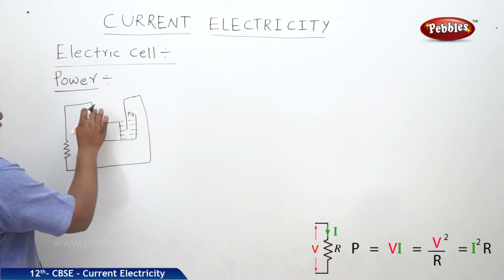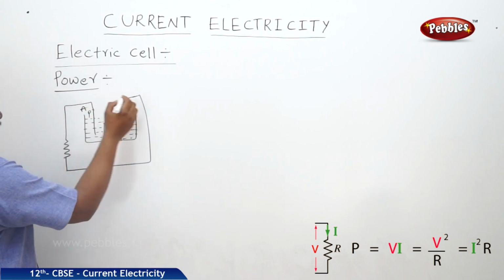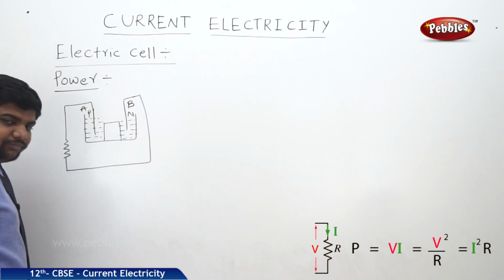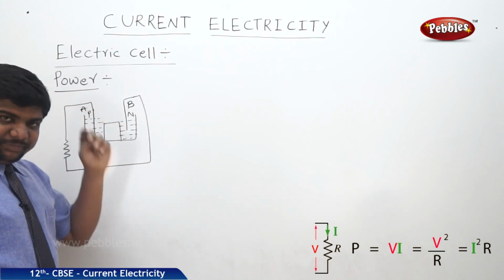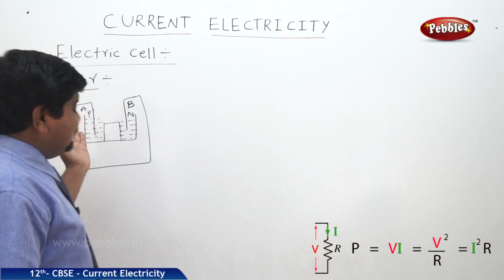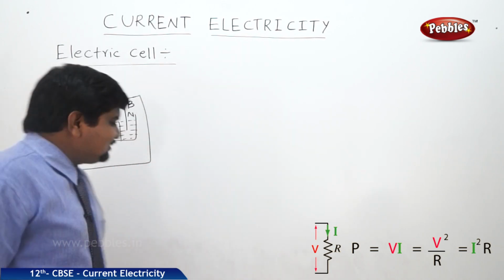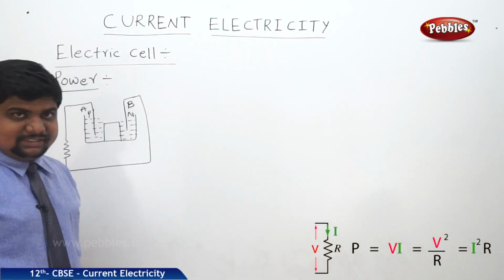Now let us say this positive potential is at position A, and this negative potential is at position B. Whenever the potential difference exists between P and N, it is nothing but the difference in the potential energies of the charge carriers between the two terminals.